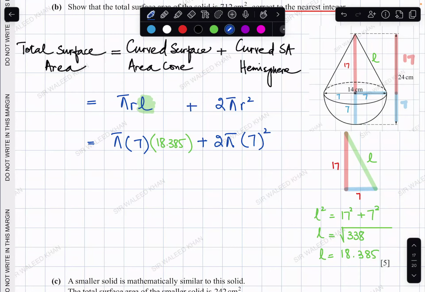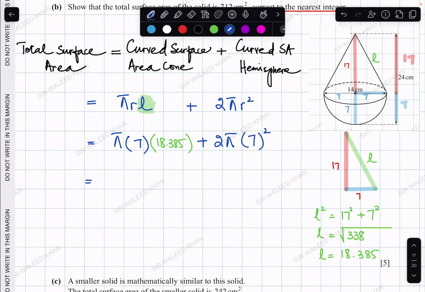Imagine it's a model of ice cream, just a solid form, and you have a paint brush. Can you paint the inner circle inside this shape? No. So that's why surface area is the outer part of it. The one you can paint. So the curved surface area of the cone and the curved surface area of the hemisphere. Is that clear? Yes.